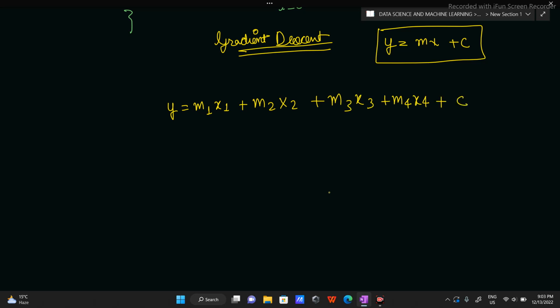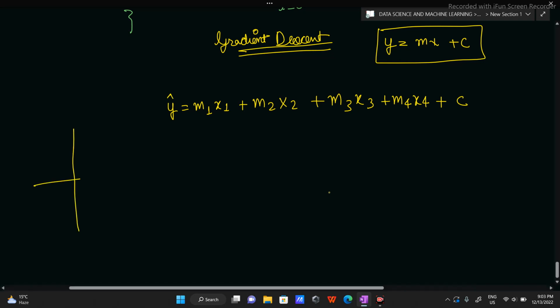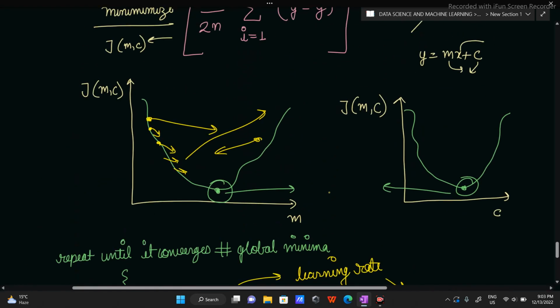In such cases, this y hat is going to be dependent on multiple features, so our plane for four-dimensional data would look something like this. These are four planes, and in such cases this graph is going to be multidimensional.